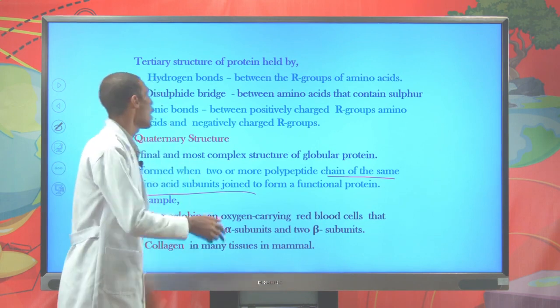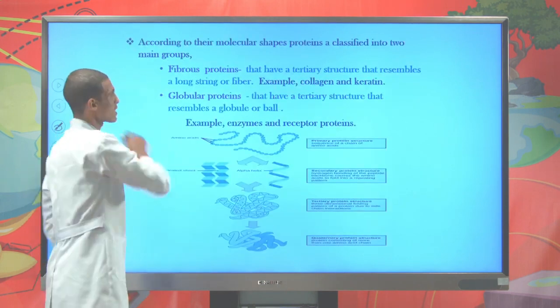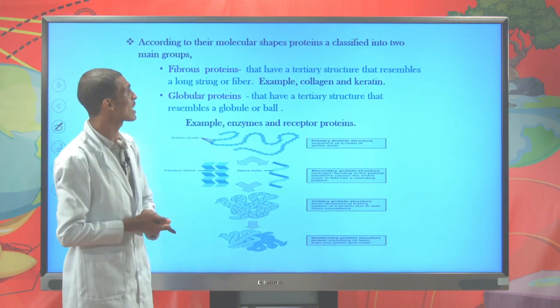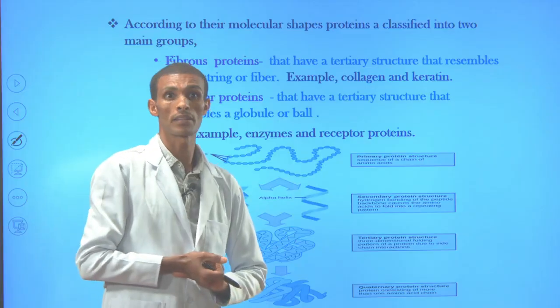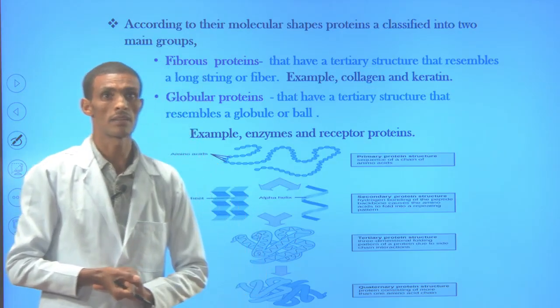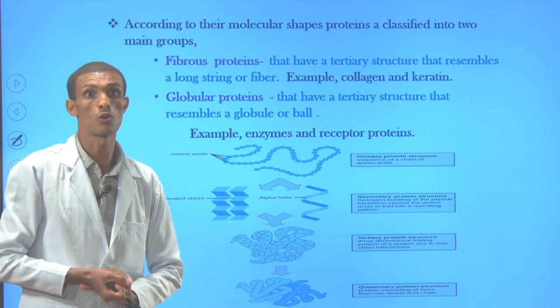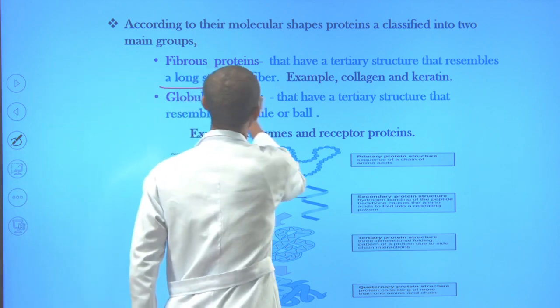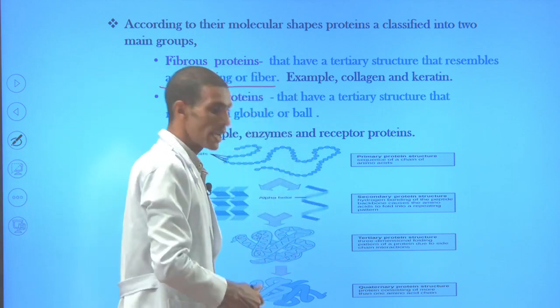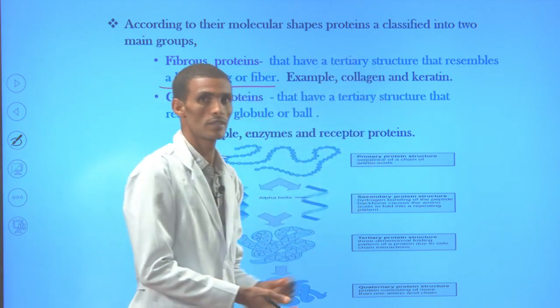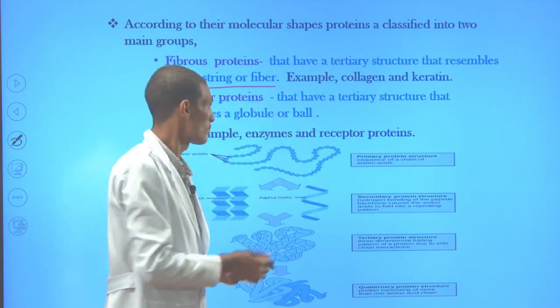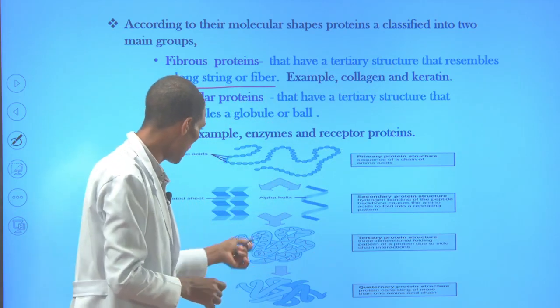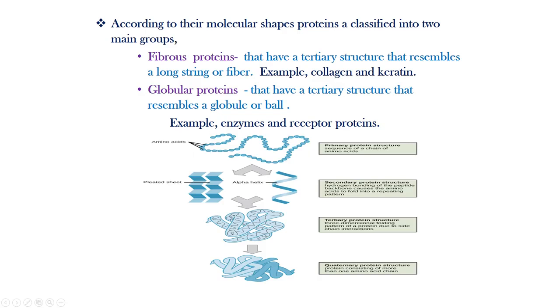Notice this one. Based on their molecular structure, proteins can be classified into 2 main parts. These are fibrous proteins, which have a long fiber-like structure. It resembles tertiary structure with a fiber, for example collagen in animal tissue, and keratin.